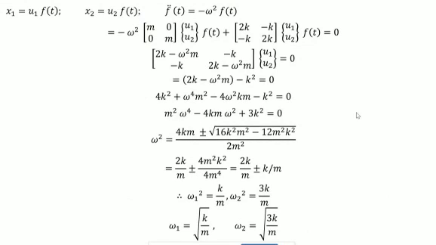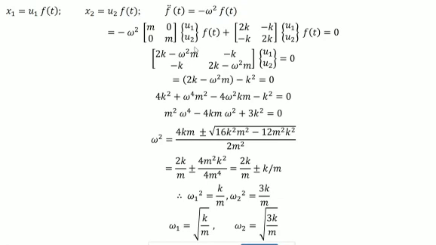When we substitute this, we get the actual form of the eigenvalue problem: [2k minus omega square m, minus k; minus k, 2k minus omega square m]. The characteristic of the eigenvalue problem is that in the major diagonal, there should be the same quantity.